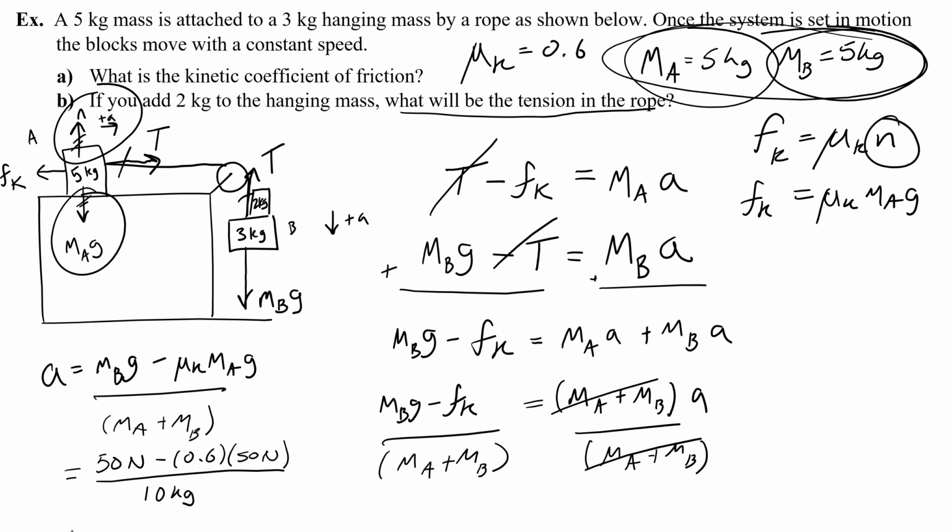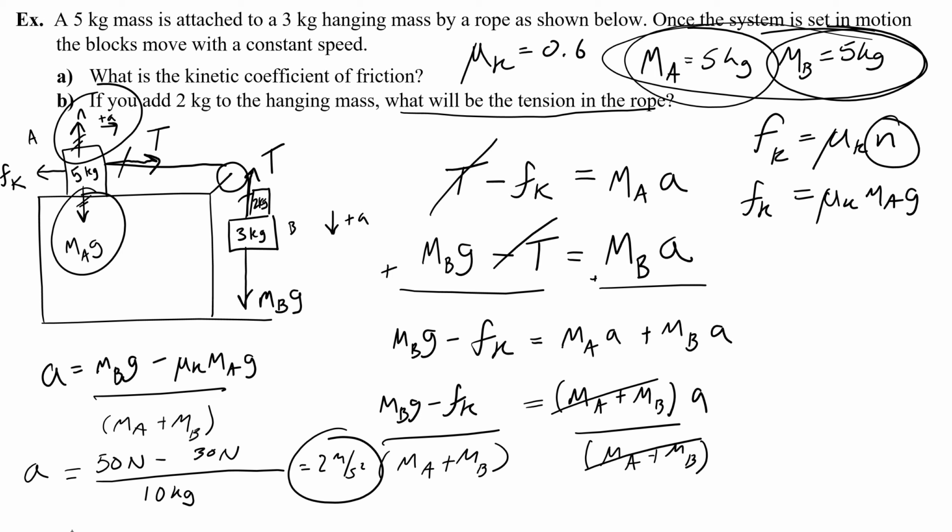Okay, so 0.6 times 50 is 30. So 50 newtons minus 30 newtons divided by 10 is 2 meters per second squared. So the acceleration is 2 meters per second squared.